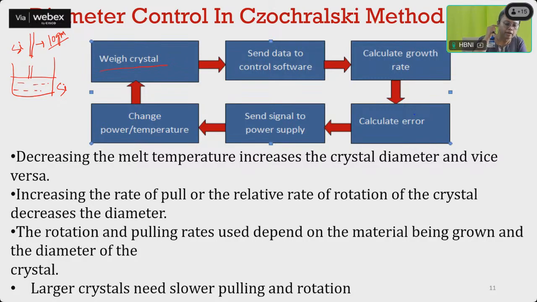Now we are pulling this seed very slowly, so some silicon from this melt will get attached to your seed. So there will be a change in the weight signal. We are only able to get input on the weight of the crystal. No other input is coming.